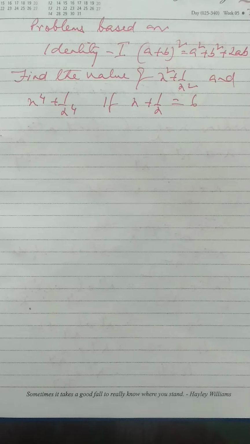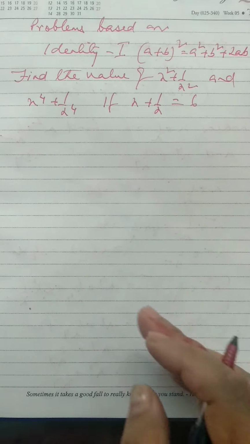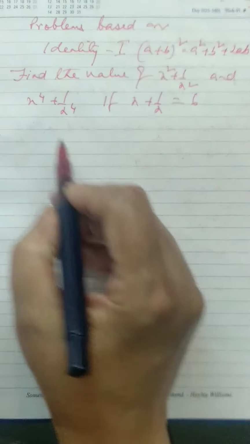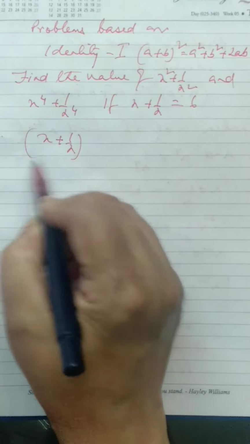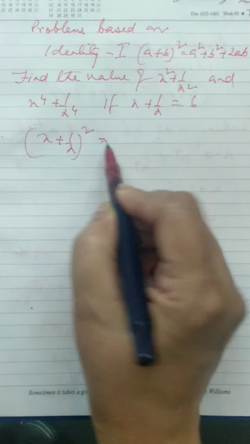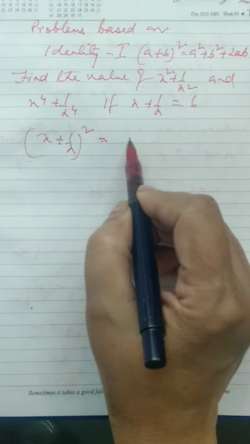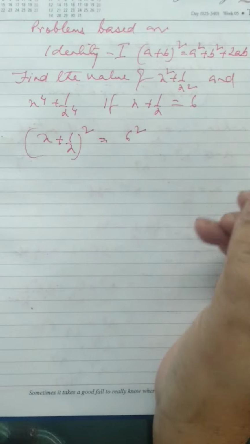To start with, we have to take the identity and put it into the box. (x + 1/x)² is equal to 6².